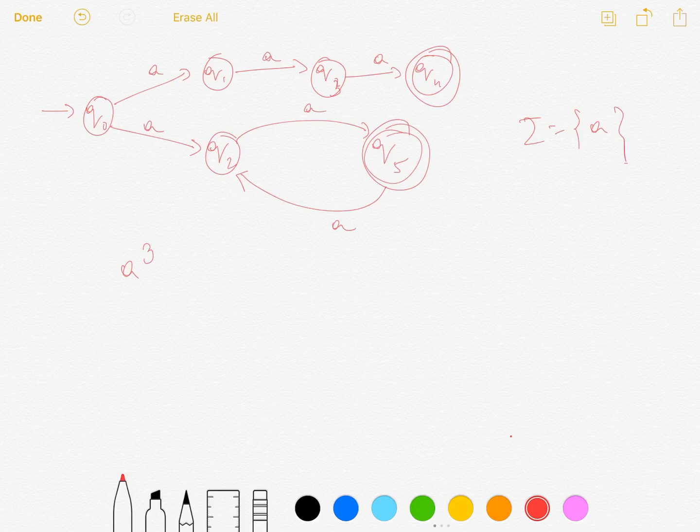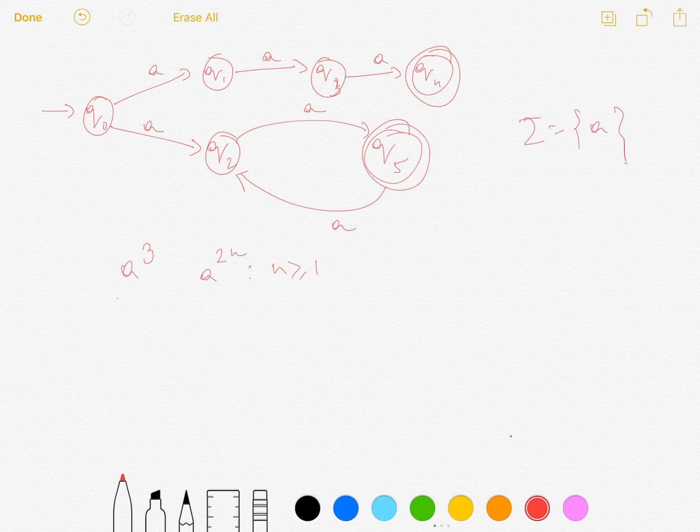That means whenever an even number of A's is consumed, it is reaching Q5. So, can we write it as A to the power 2n, where n is greater than or equal to 1, meaning at least 2A it must consume, and after that an integral multiple of 2A is required to reach Q5.